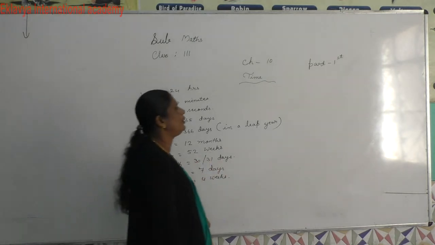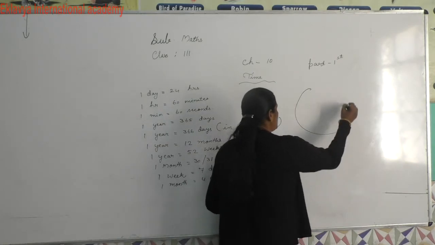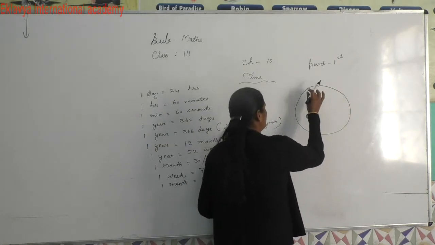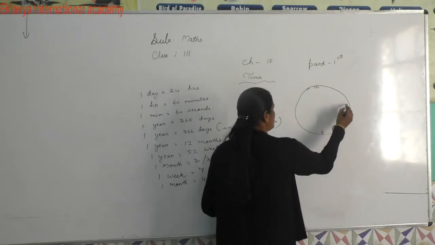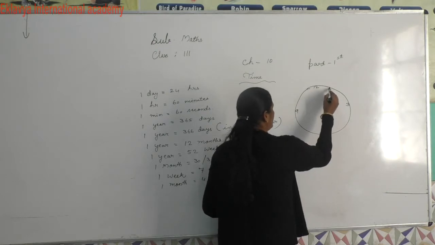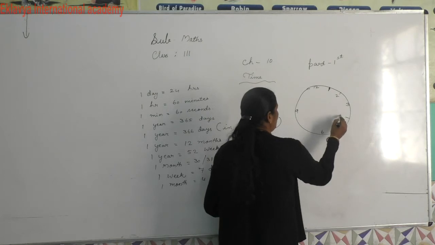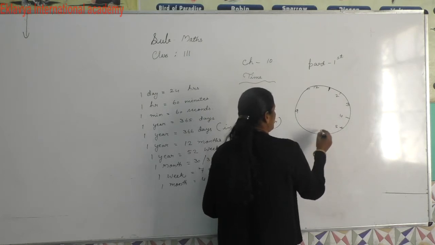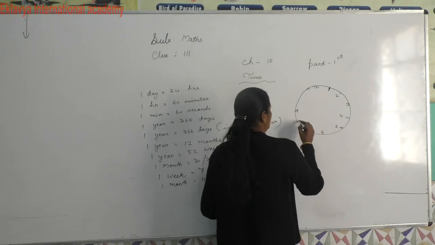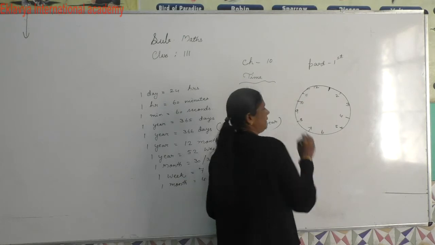Now you know the time. This is a clock. Then we write 12, 6, 3, 9, here 1, here 2, here 4, here 5, 7, 8, 10, here 11.